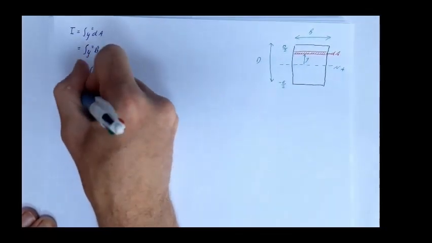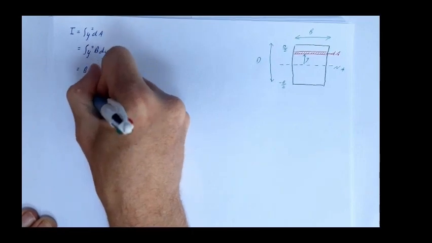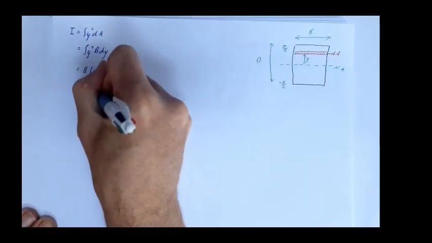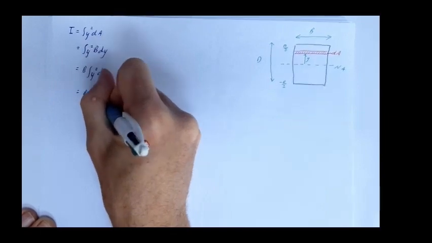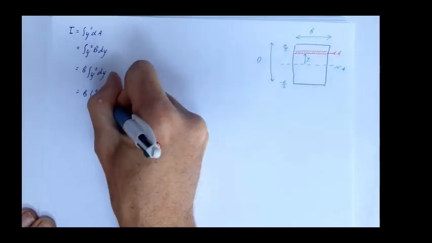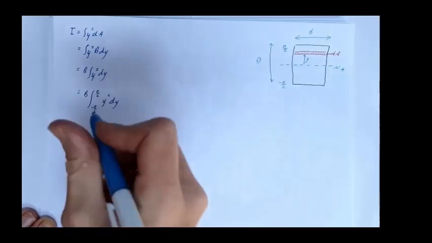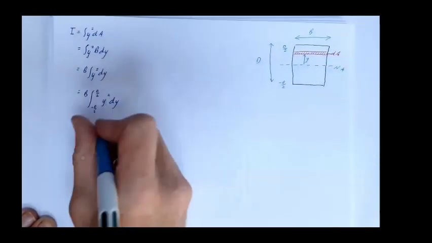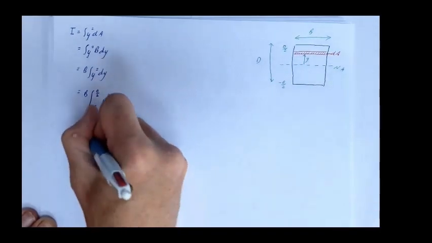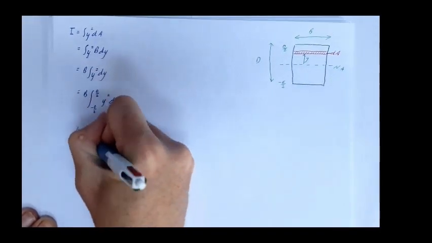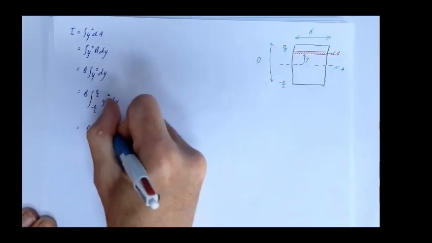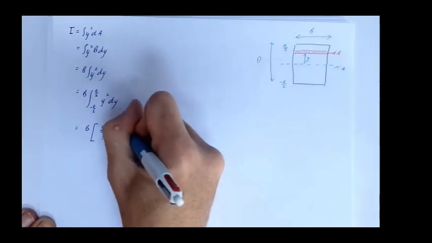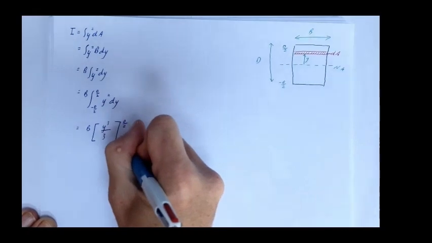And my limits, let's put my limits in. b, we'll be integrating between minus d over 2 and plus d over 2 of y squared dy, which if we integrate y squared with respect to y, we end up with y cubed over 3, so that's b times y cubed over 3, and my limits d over 2 and minus d over 2.